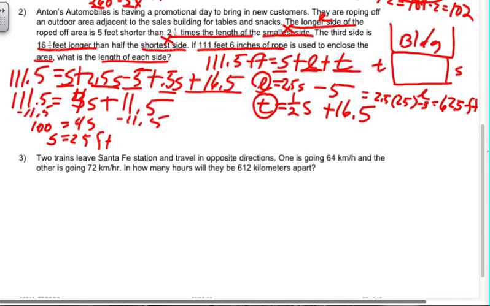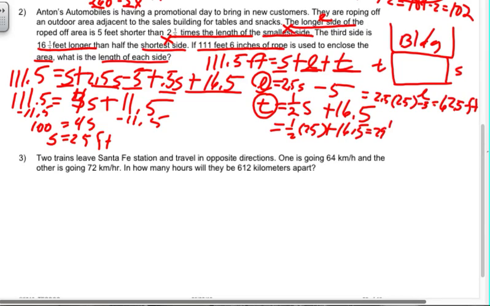And then I do the same thing here. So I'm going to have 1/2 of 25 plus 16.5, and that will give me 29 feet. Okay, so we've got all of that.